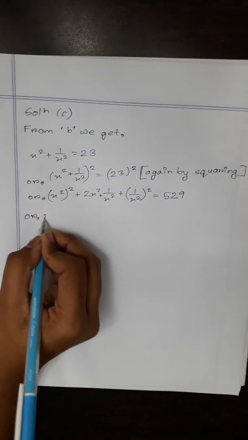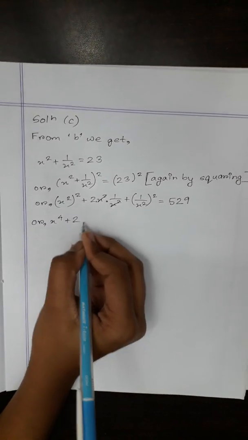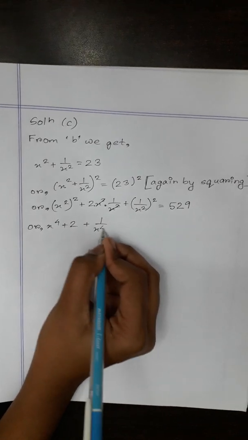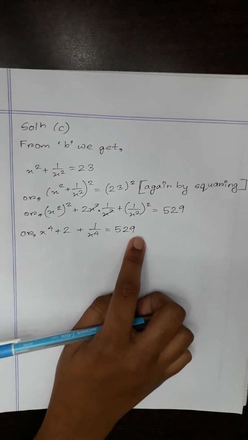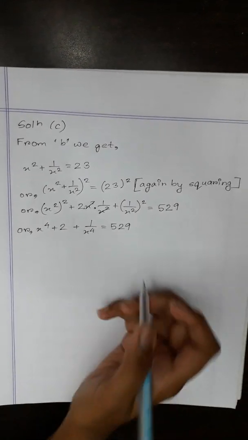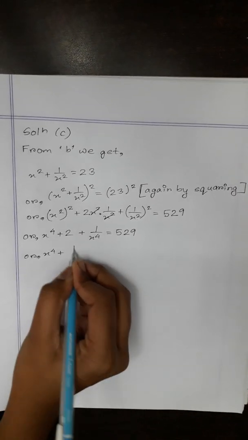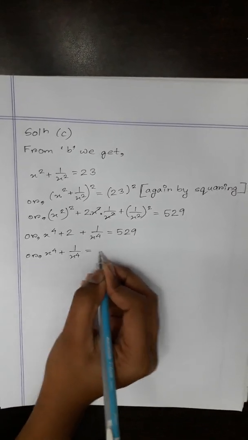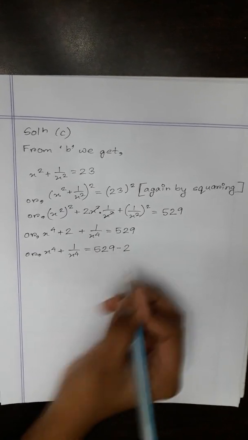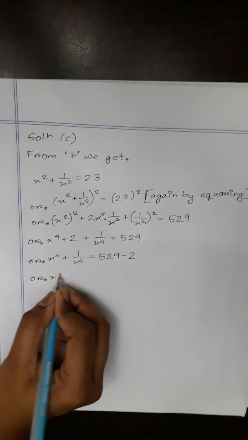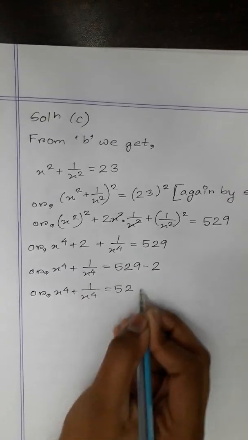Or x to the power 4 plus 2, we need to cut it, plus 1/x to the power 4 is equal to 529. As it's plus, when we take it to the other side, it will be minus. So x to the power 4 plus 1/x to the power 4 is equal to 529 minus 2, which is 527.